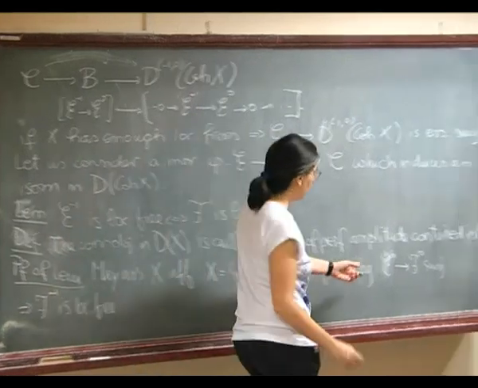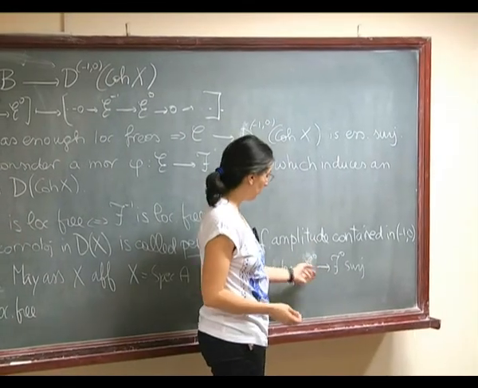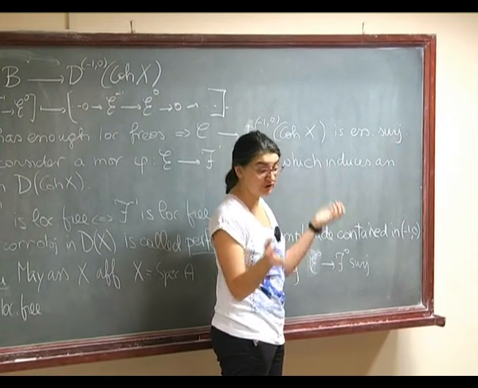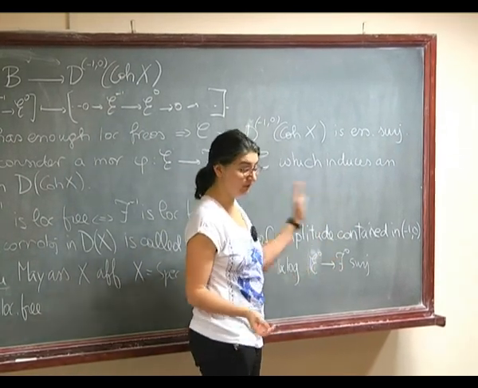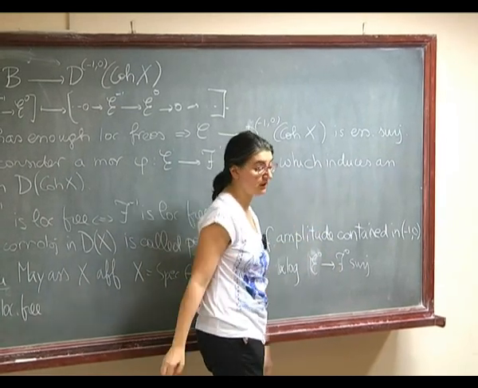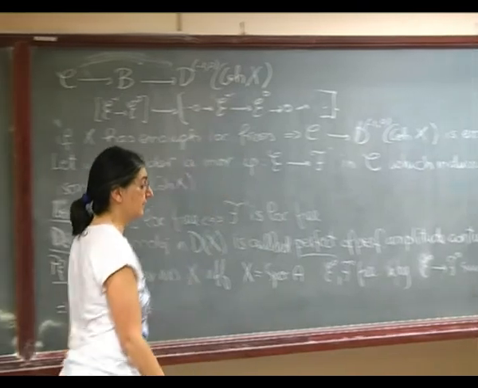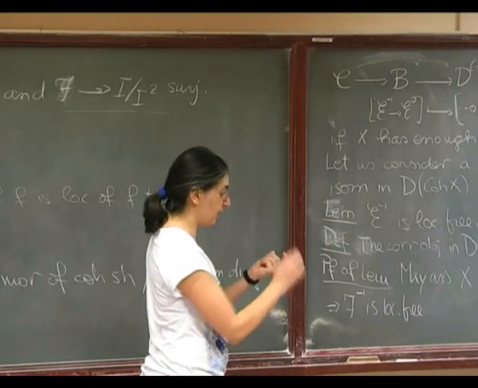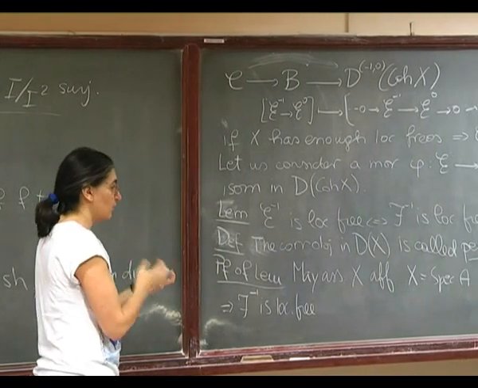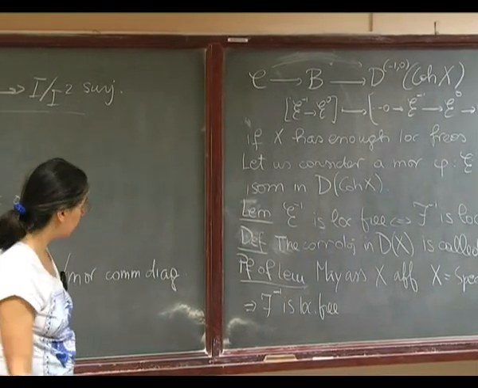So this is up to changing both E's by adding a free factor, which is not a problem because you can add a free factor without changing the quasi-isomorphism class. And of course, if you have a sheaf and you add a free sheaf and it becomes locally free, then it was locally free to begin with.